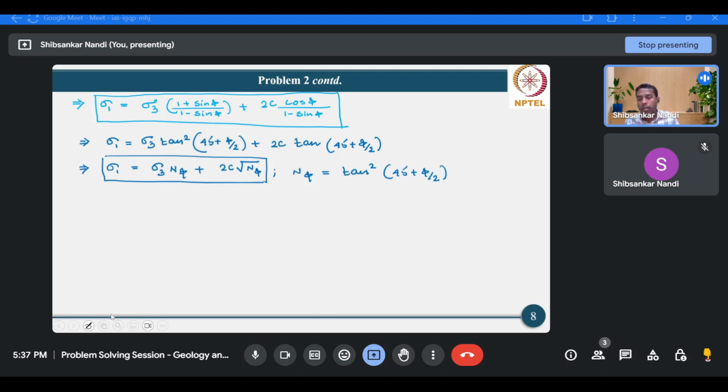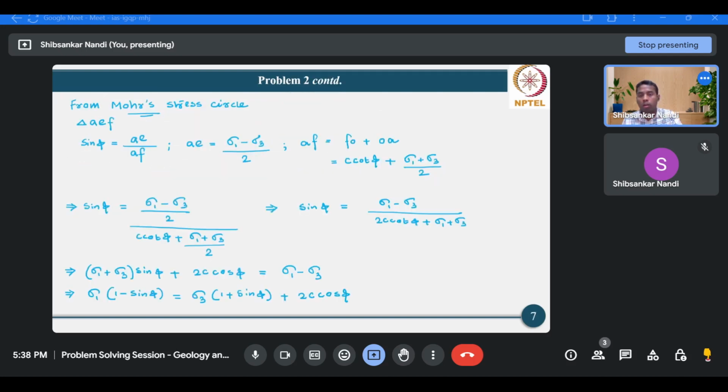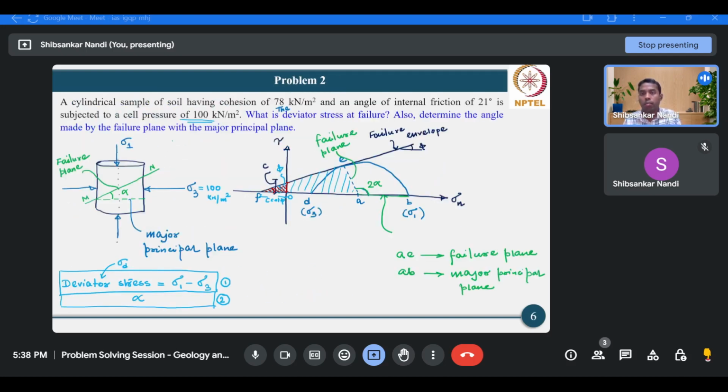Now, as you can see, for this problem, what are the values of phi, C, and sigma 3? For this problem, sigma 3 is 100 kPa.